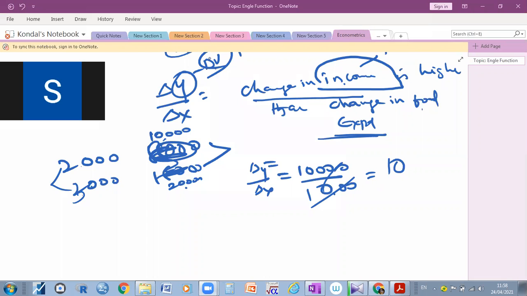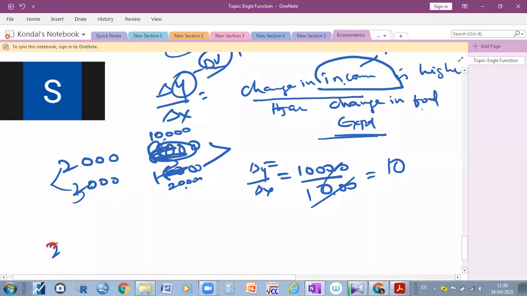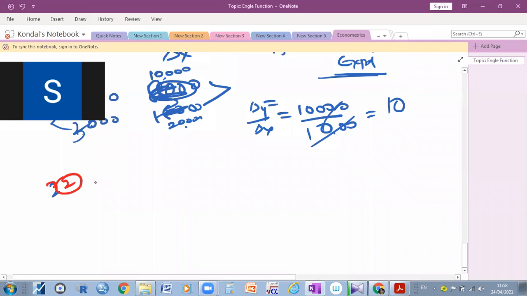Then I will discuss the second law. So here, Engel's second law. What does it say?